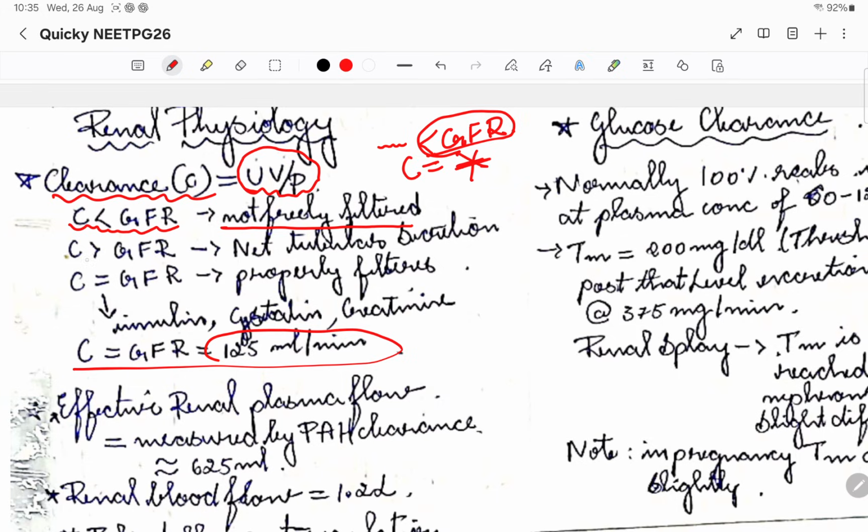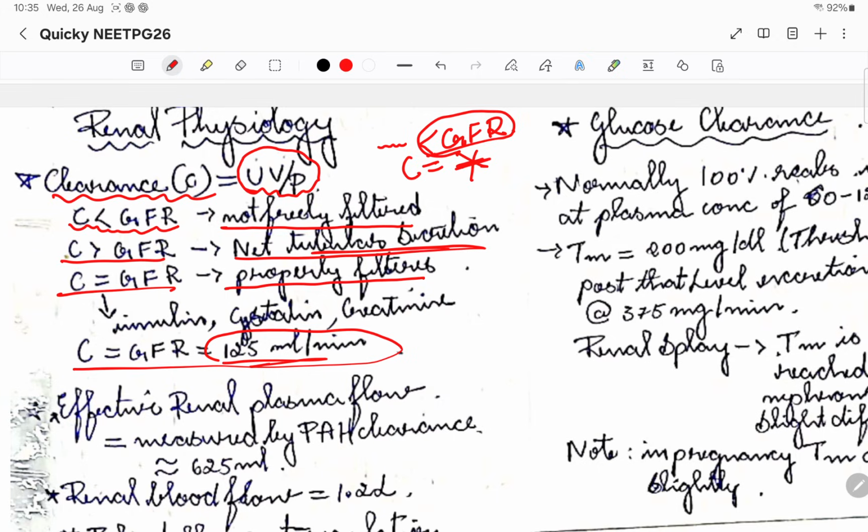If it is greater than GFR, it means that something extra is also getting secreted, so there is net tubular secretion of that particular substance. If the clearance is almost equal to GFR, that is 125 ml per minute, it means there is proper filtration happening.